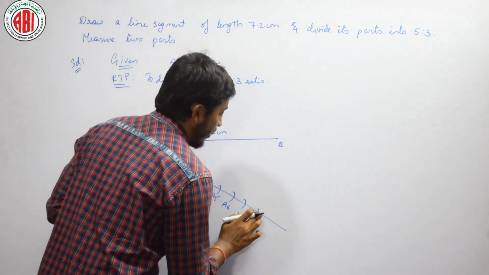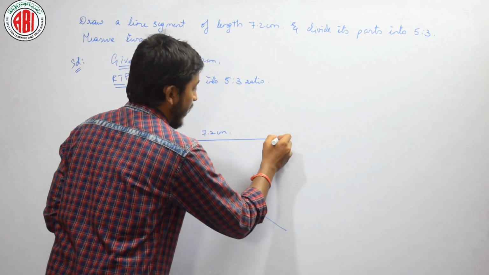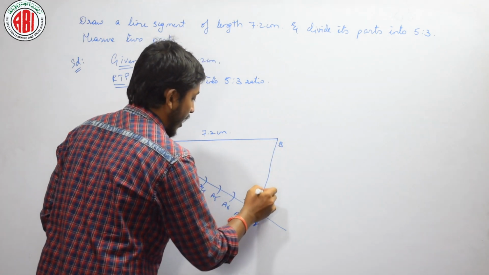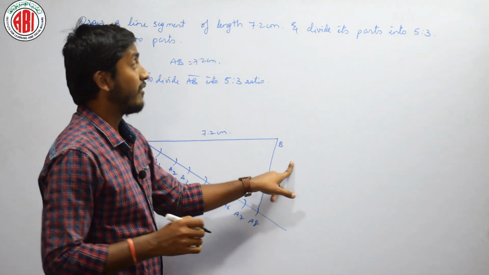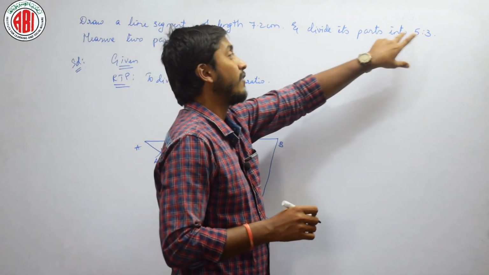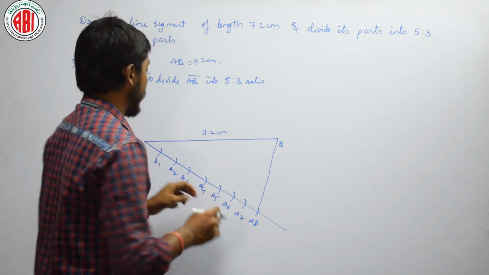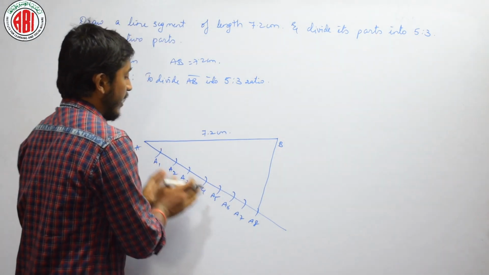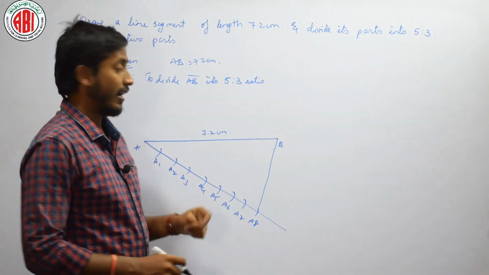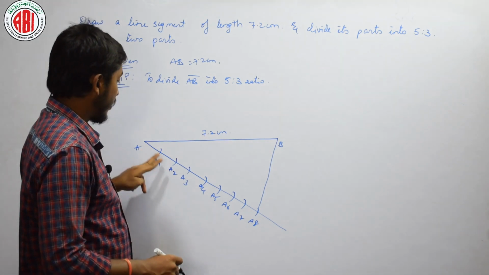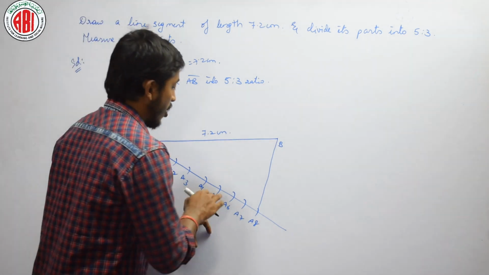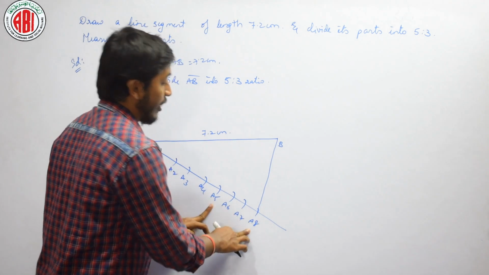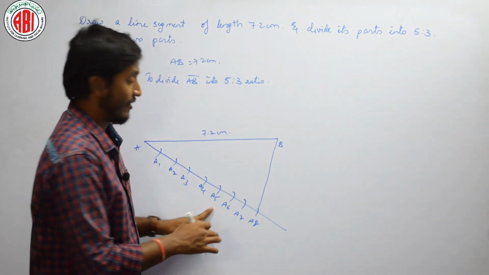Now join this A8 to B. Draw a line joining A8 to B. Which part do they want? They want the 5:3 ratio, which means 5 parts on the left side, 3 parts on the right side. That is 1, 2, 3, 4, 5th part is this, right. Draw a line which is parallel to A8B. Is it okay?